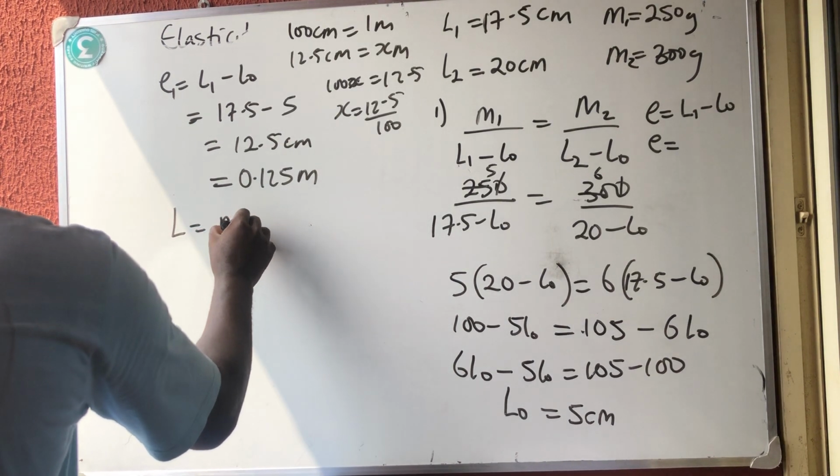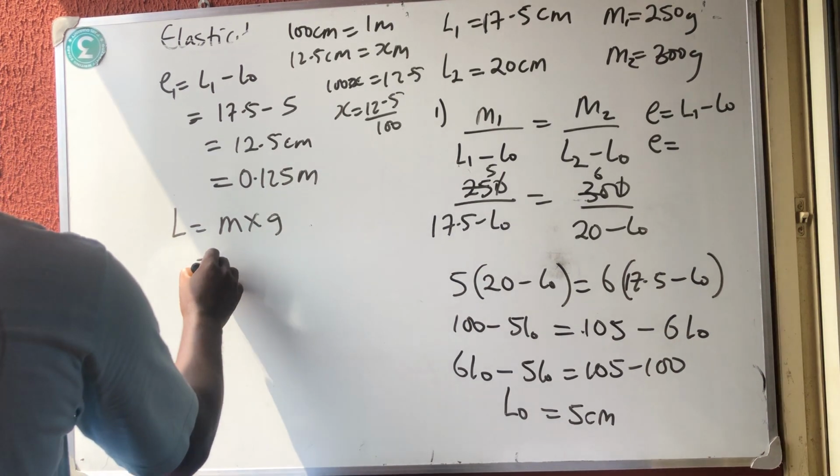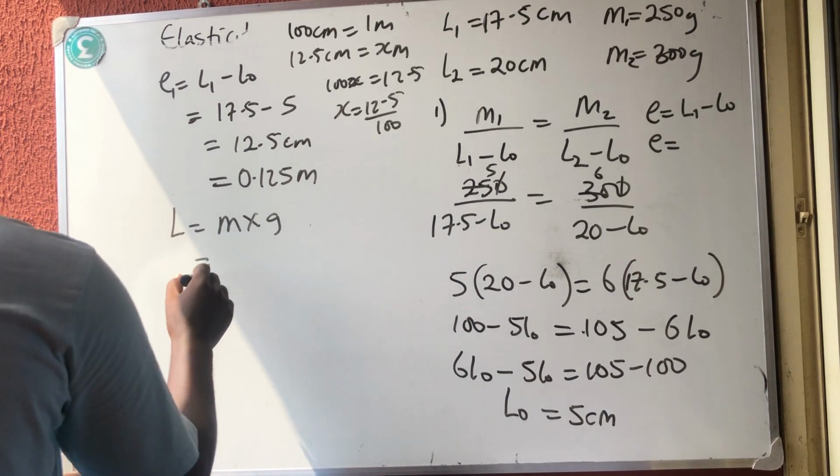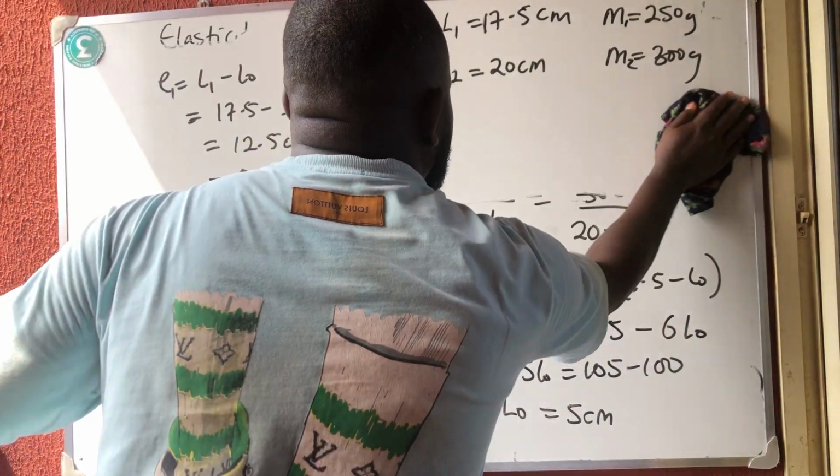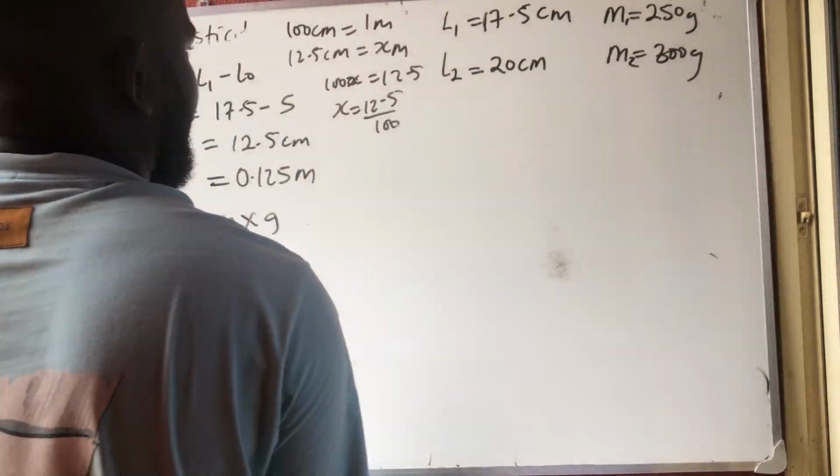Now to convert the other one to newton, to a load: load is equal to mass times acceleration due to gravity, and the mass must be in kilogram. So let's convert it to kilogram.